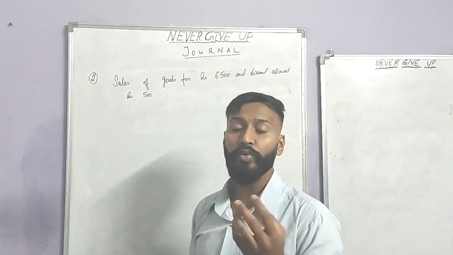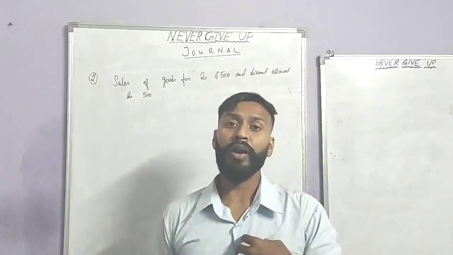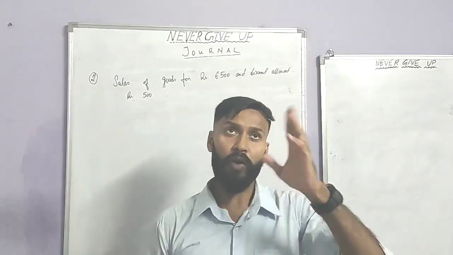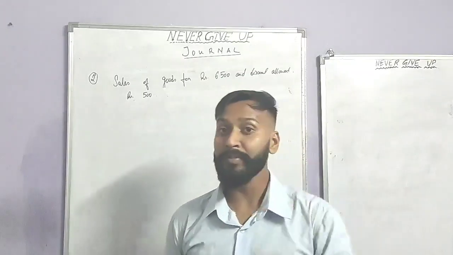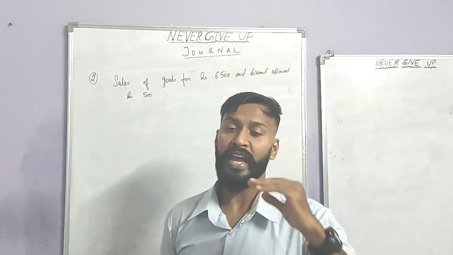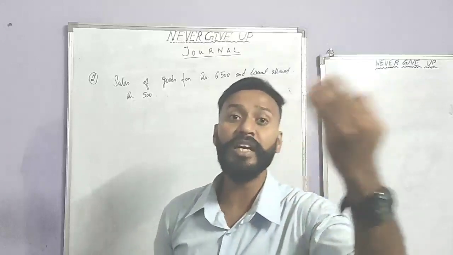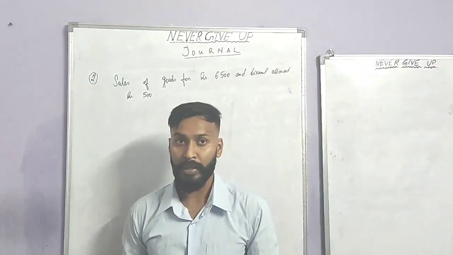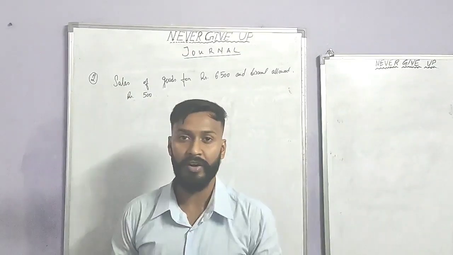Now whenever you record any journal entry, remember you are the business. Think according to the business point of view. If you sell any item to the customer, you will give the discount. If you purchase, you will get the discount, that is discount received.